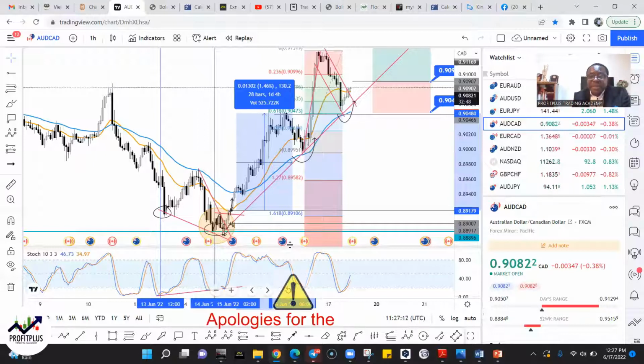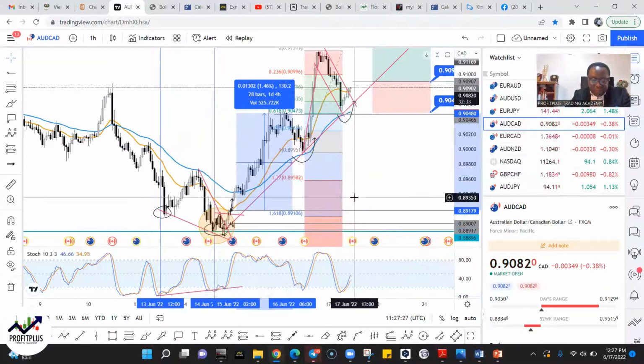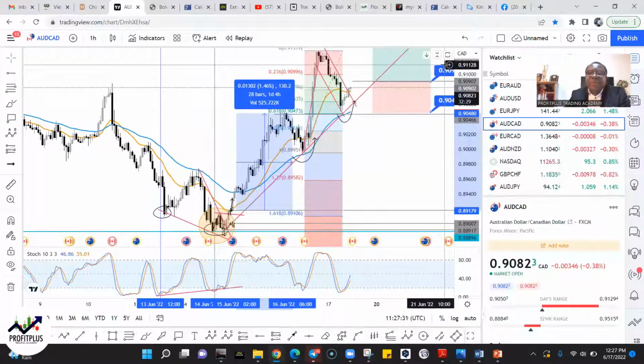A combination of markets, candlesticks, and patterns that show the direction gives a guide on the direction that the price will go, which is very, very key in this stuff. So I believe this could have added some value to you.